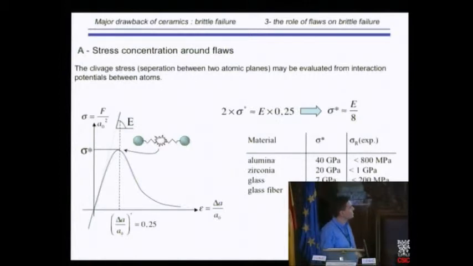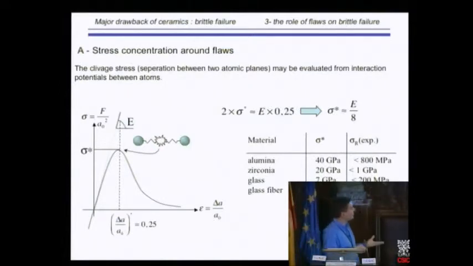We should reach 20 gigapascal in some location of the ceramic near a defect, while the experimentally measured strength is about 1 gigapascal. If you take a glass window, the strength is 200 megapascal, while we should reach, in some region, 7 gigapascal. When you take a glass fiber with smaller defects, you can reach some gigapascal.